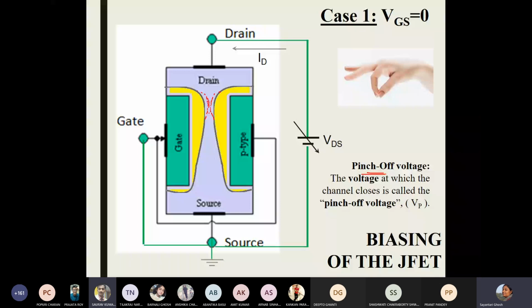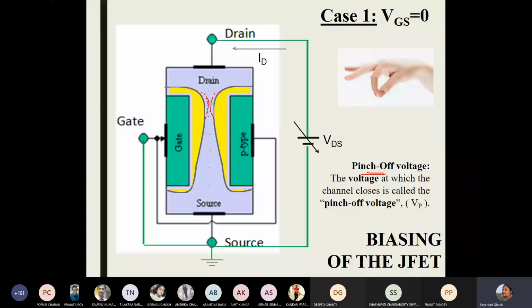As soon as the current stops, the entire voltage drop throughout the channel will be lost, because there is no current flowing in the circuit anymore. The moment the current stops, the reason for which the depletion regions were getting formed gets out of the picture.